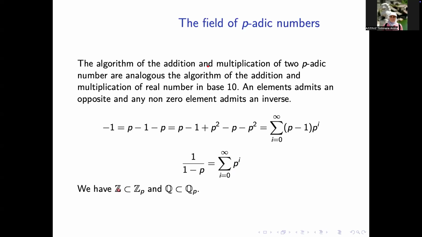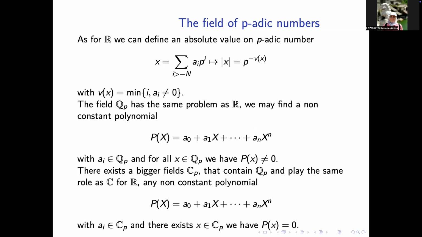We can do the reverse: we start with this, define the absolute value, and then we recover the series. But they are in some sense the same. Then on Q_p we can define an absolute value. The idea of this absolute value is that two numbers are close if the difference between the two is divisible by a high power of p.